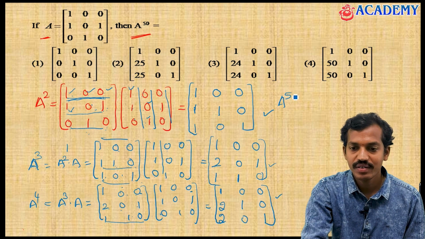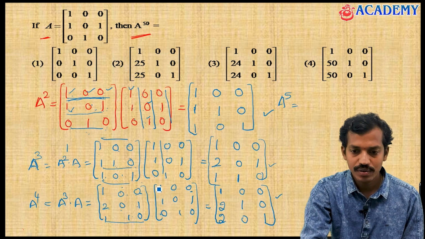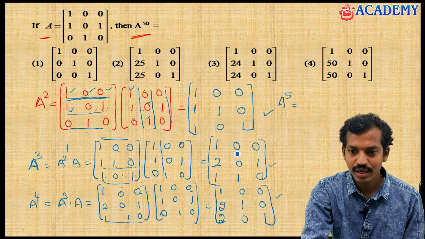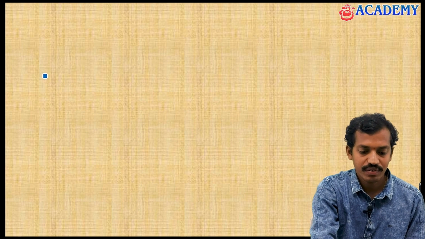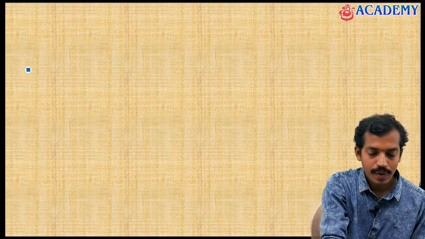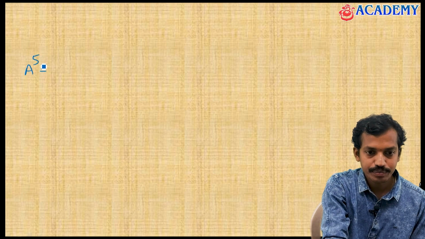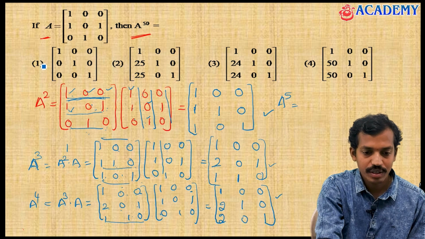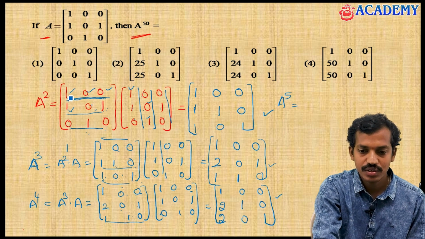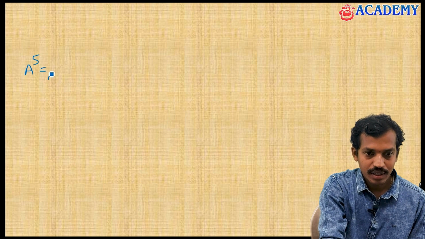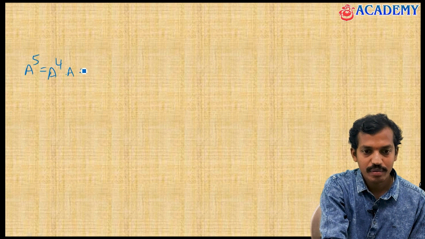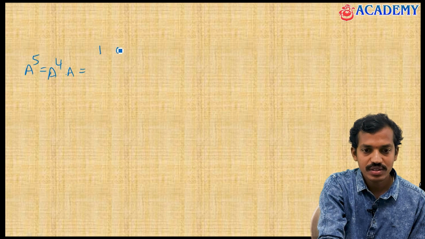Here A to the power of 5 is nothing but what, A to the power of 4 into A. We will write A to the power of 5 first of all, that is A to the power of 5 means you want A to the power of 4, 1 0 0, 2 1 0, 2 0 1, right, that is A to the power of 4 into A. I am writing here A to the power of 4, 1 0 0, 2 1 0, 2 0 1.